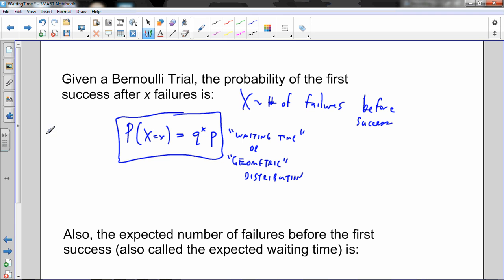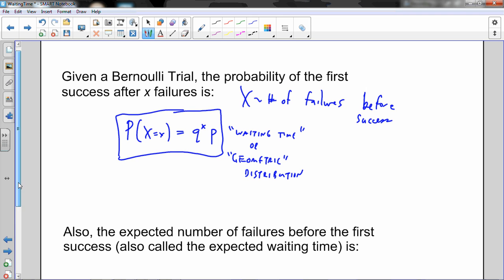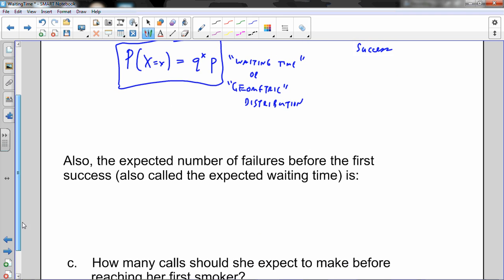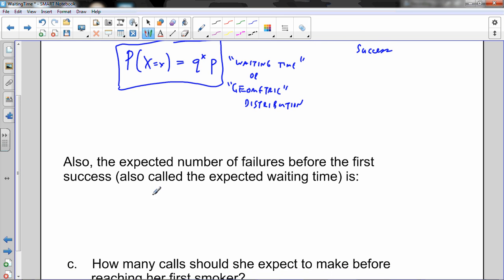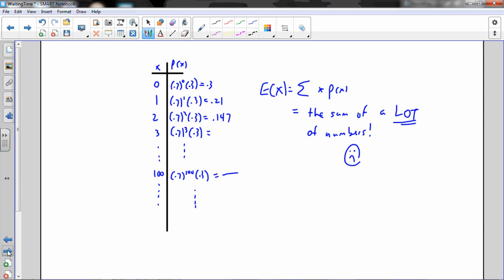The next little point is the expected number of failures before the first success, called the expected waiting time. How many calls should she expect to wait for before the first success? Well, remember from a couple of days ago when we did expected values in general, we had that formula. You don't have to write this part down, please just listen and learn.